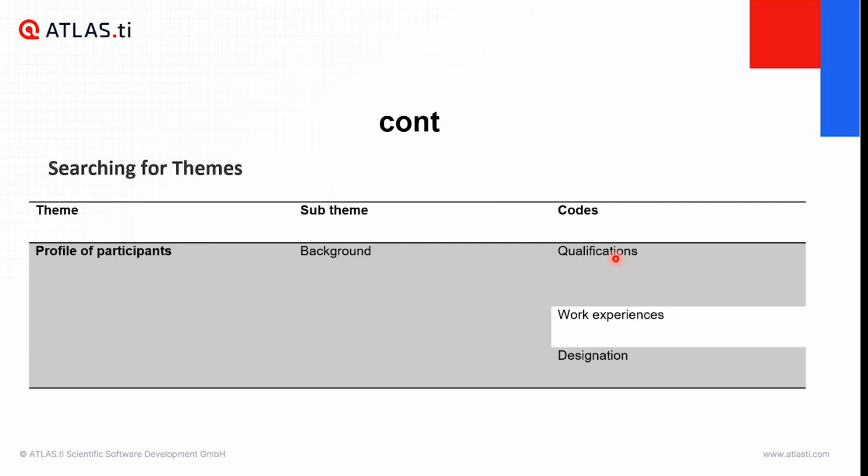And when you are grouping these codes, there can be the participants' background, and the ultimate theme will be the profile of participants. So you will develop these codes accordingly, then group them together. And that's how your theme will develop.